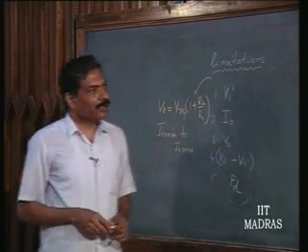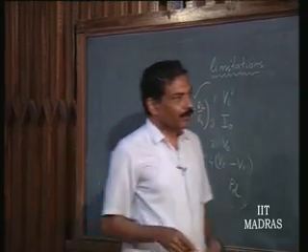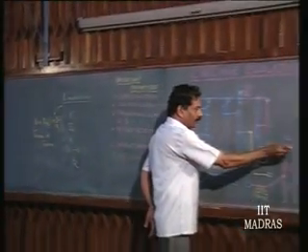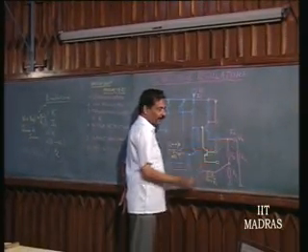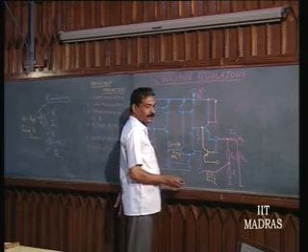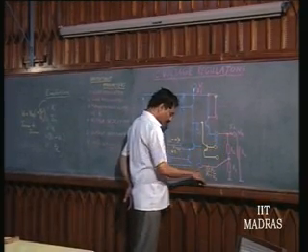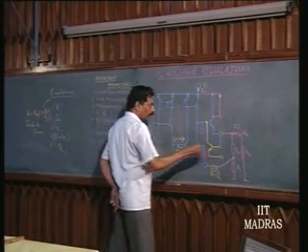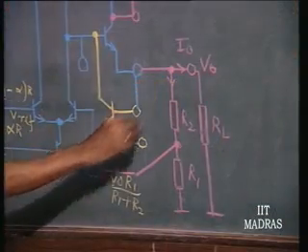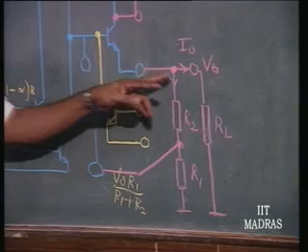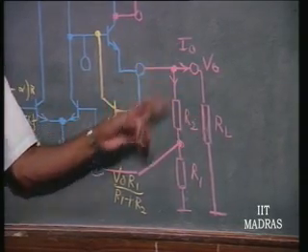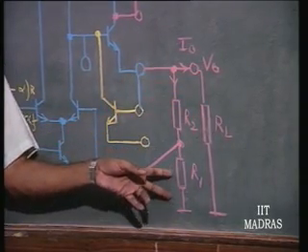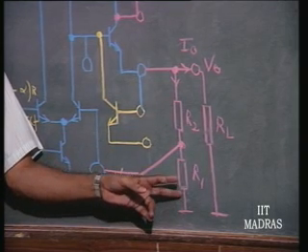Now, let us see, when we are having V naught as the output voltage and I naught is the current drawn, there is going to be some amount of current drawn from this also. Obviously, this current is going to be made much less than this current, because this is in my hand. But you should not make it too small.